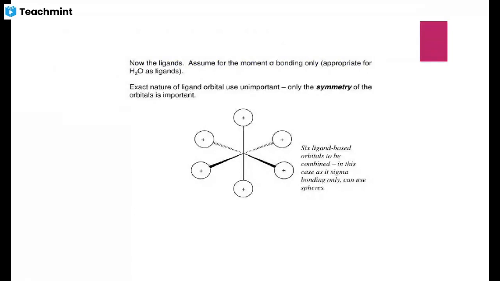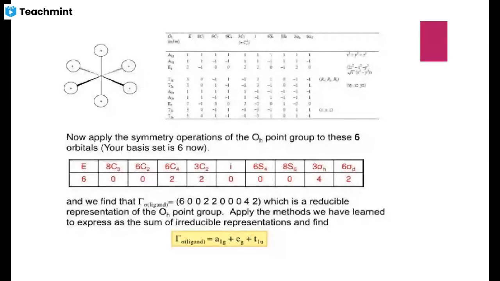So you take all the ligands as positive, so 6 orbitals are positive, and do the symmetry operations. First you do the E symmetry operation. All six orbitals are not changed, so it is 6.